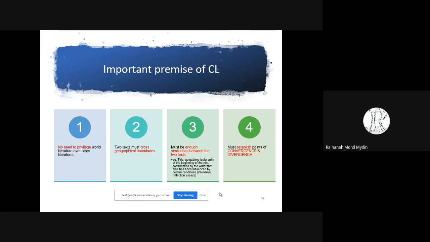So there must be something converging between the two texts, something closer in similarities, rather than them being completely different with very little similarities, all right? So what's important is for you to establish the points of similarities or convergence and the points of differences or divergence. That's the methodology of comparative literature.